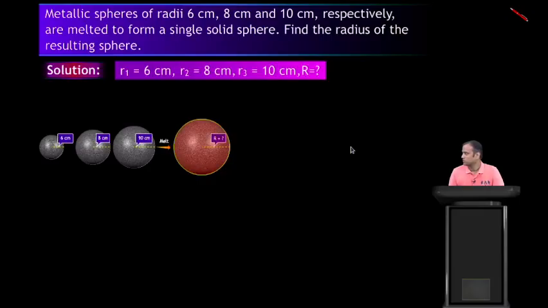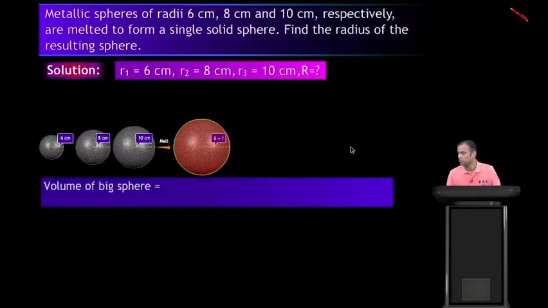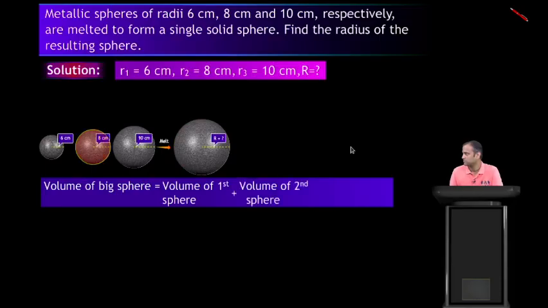So here what do we know about this one? We know that the volume of this big sphere equals the sum of the volumes of the 3 spheres, which is the volume of the first sphere plus the volume of the second and the volume of the third.